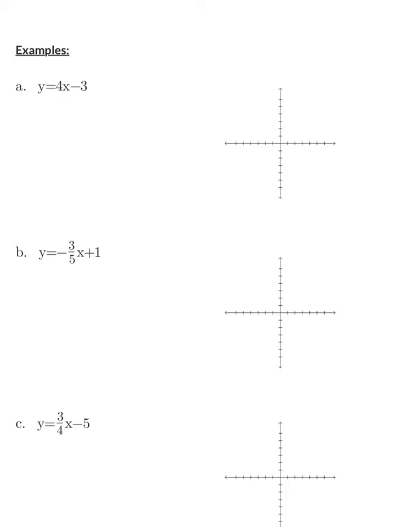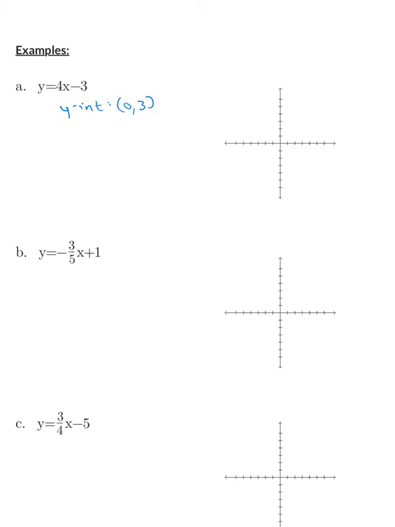So let's look at some examples. If we look at example A, we have y equals 4x minus 3. So the first thing that I want to do is identify my y-intercept. My y-intercept is going to be (0, -3).